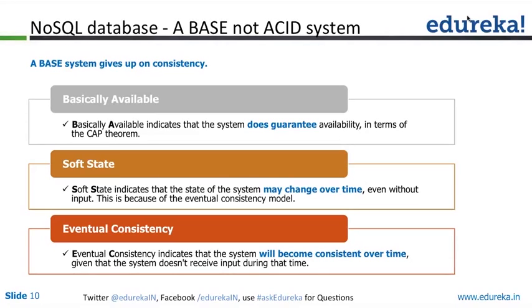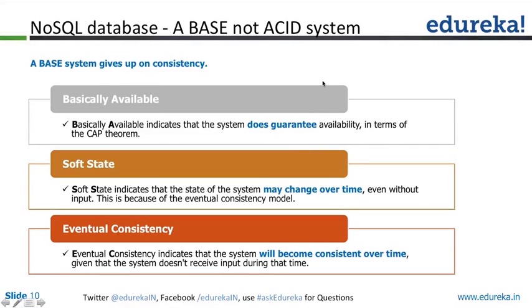But over a period, behind the scenes, once replicas communicate with each other, they become consistent, and once they are consistent, they will return the same result for the queries. So that's the eventual consistency model, which is not consistent immediately, but becomes consistent over a period. Okay, so that's the BASE model and not the ACID system. ACID we all know, so I'm not really covering that further.